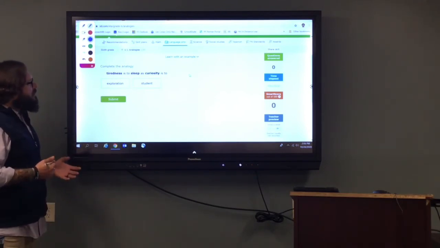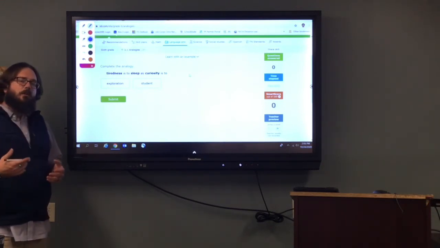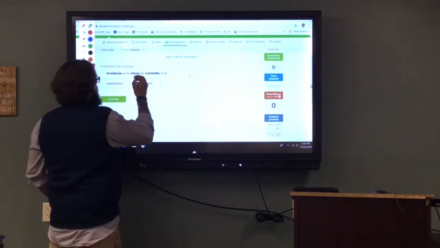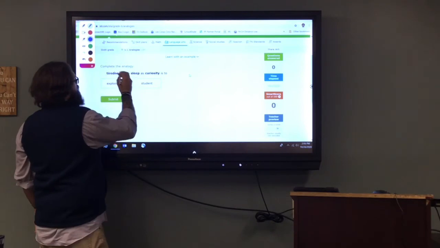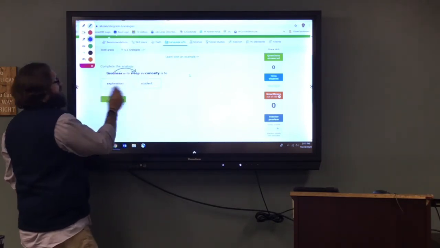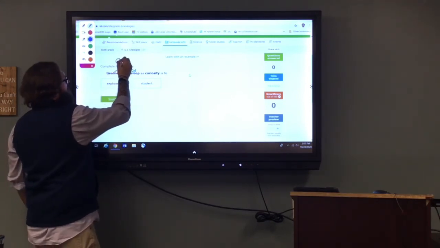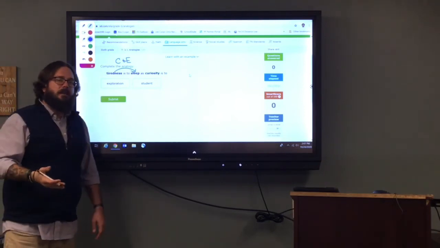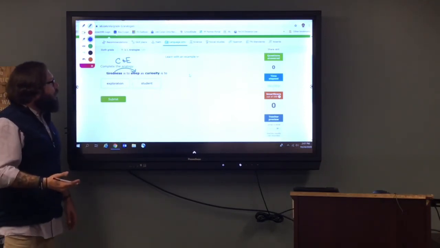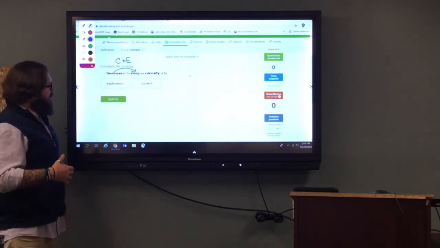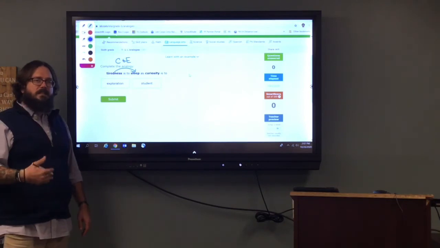So tiredness and sleep appears to be a cause and effect relationship. So tiredness is the cause and sleep is the effect. So I'm going to abbreviate C and E to represent cause and effect. Now, with that in mind, what is the effect of curiosity? Is it exploration or is it student?